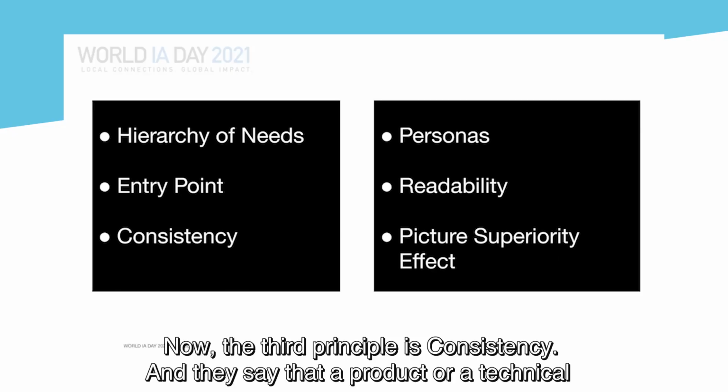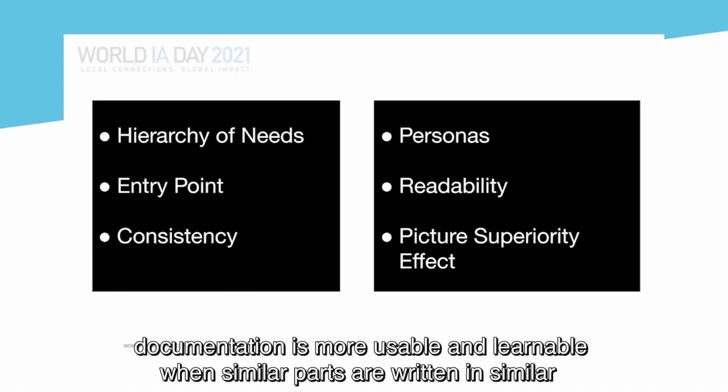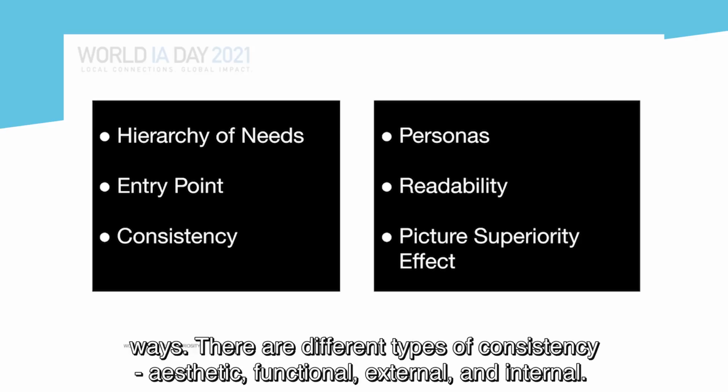So now the third principle is consistency. And they say that a product or a technical documentation is more usable and learnable when similar parts are written in similar ways. Now, there are different types of consistency: aesthetic, functional, external, and internal.